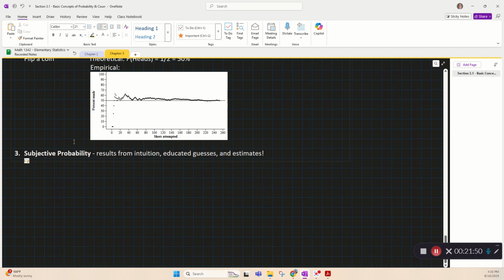So I don't have a set example here. Actually, I do have a set example for this one. They want us to classify, but let me back up. So subjective probability, like it says, is intuition, educated guesses, estimates. It's like what you feel with your gut. What is your gut telling you?